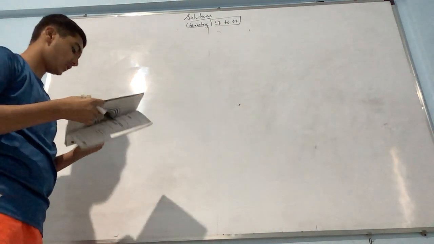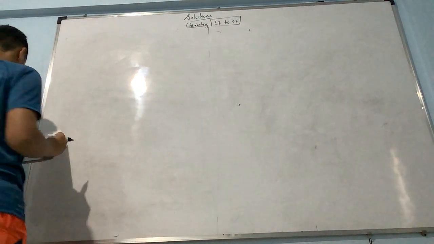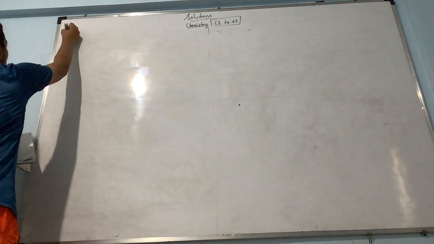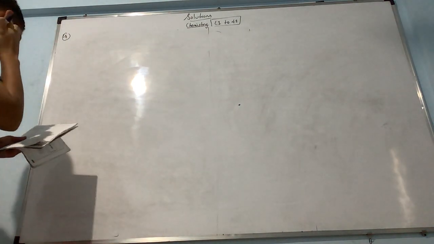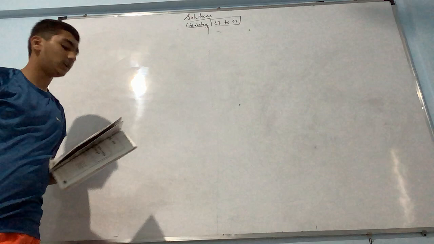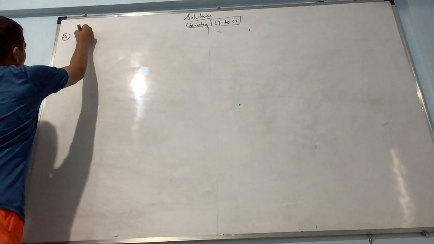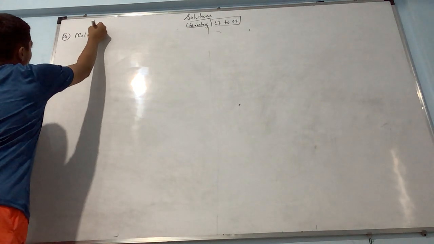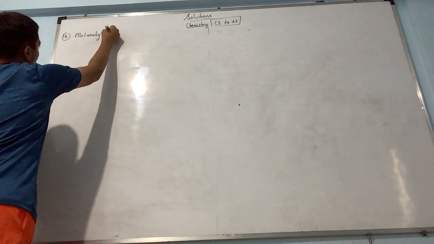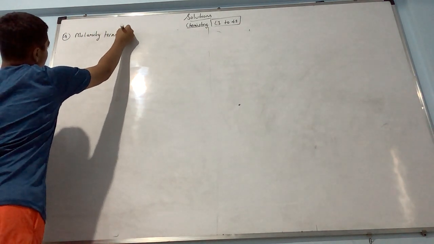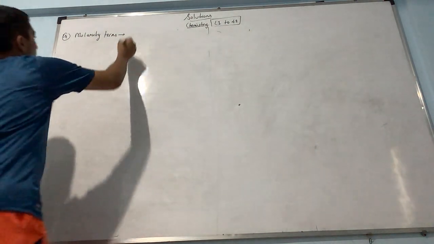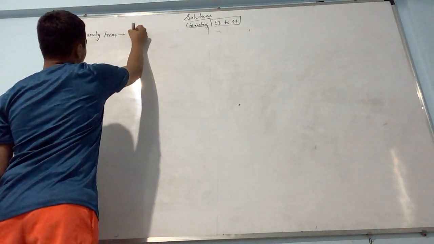The point number 28 says molarity in terms of WV percentage. Terms of means it is in the form of WV percentage.